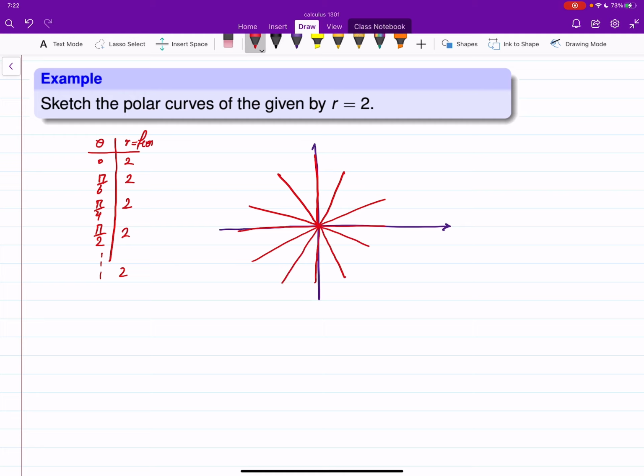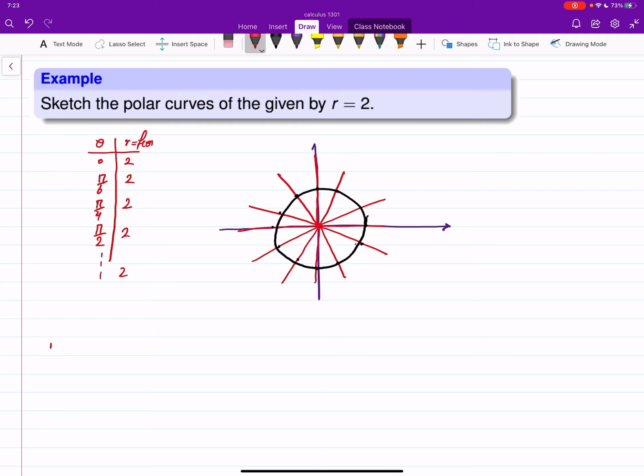Remember that r was the distance from the origin. So one point, then another, another. If you look at the definition of a circle, this is basically the definition. For any angle you go around, the distance from the origin stays the same, r equal to 2.